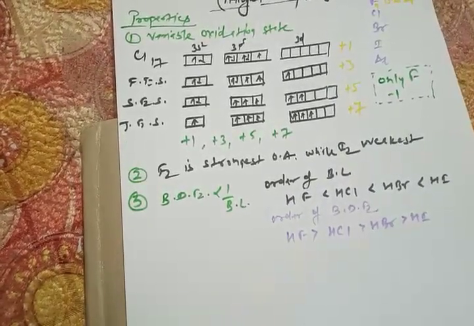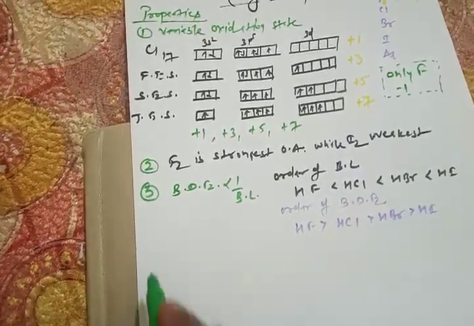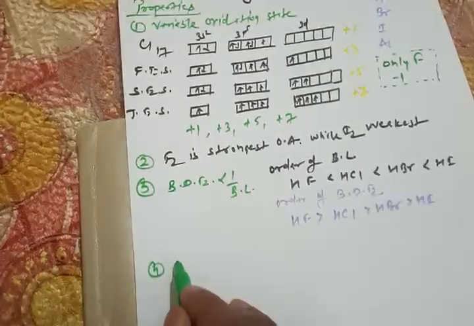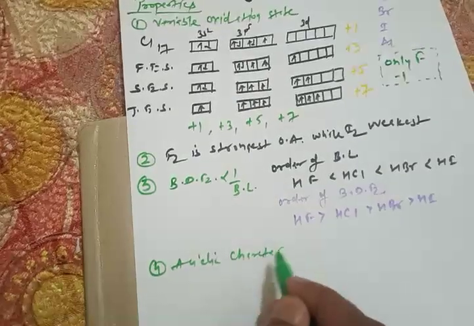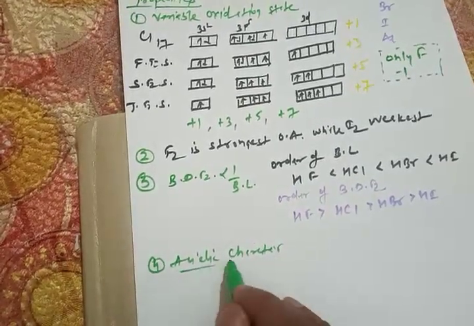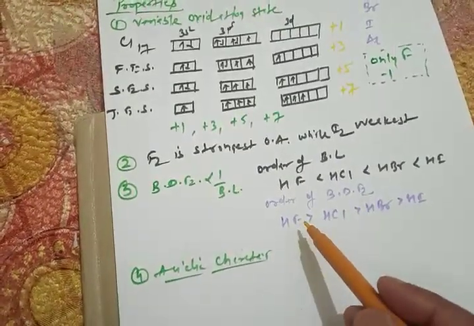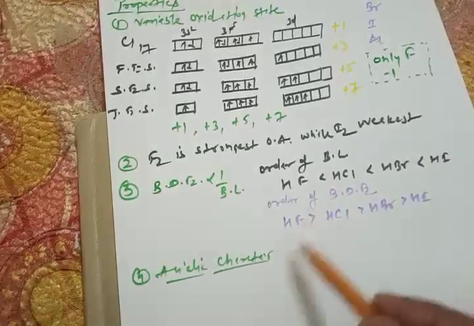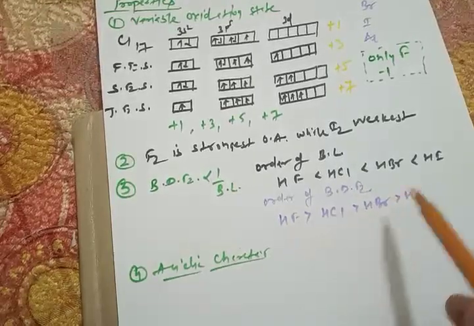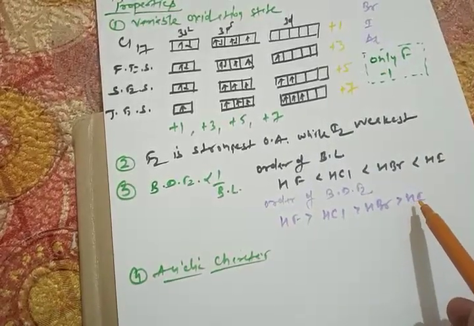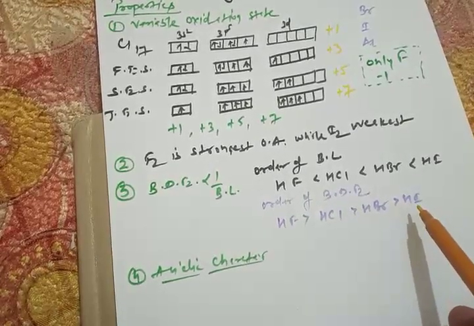One more property we can discuss on the basis of bond dissociation energy, and that is the acidic character. The order of acidic character. Again, if bond breaking is very hard in HF, it will not donate this proton very easily, whereas in this case bond breaking is easy because of the higher bond length, so donation of the proton is easier here.